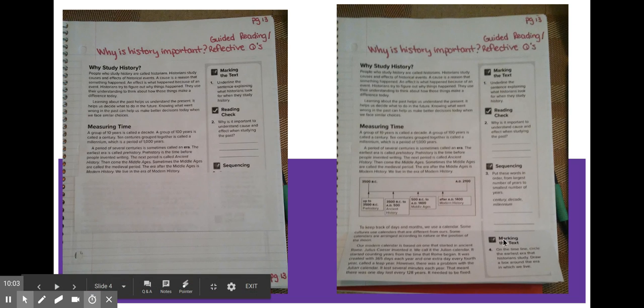And you can follow Mr. Reese's instructions on whether or not you will work on those individually, with a partner, or if you will be doing it as a class with him reading along and working these tasks out with you.